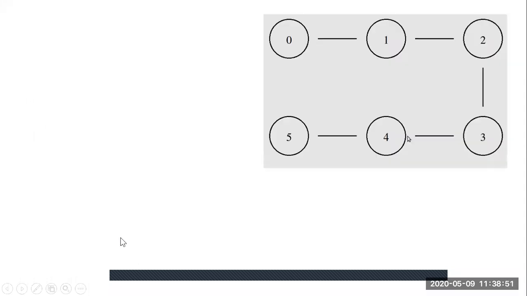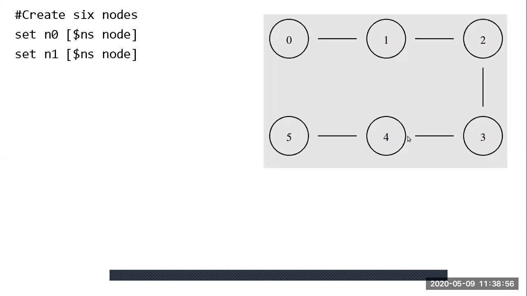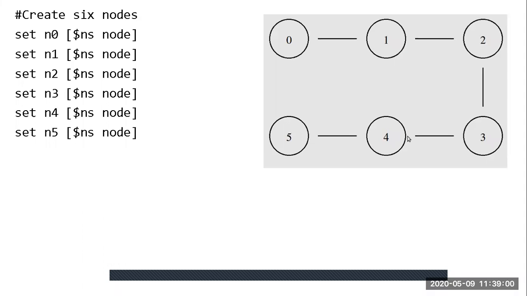Right. Further, we'll create 6 nodes: set N0, N1, N2, N3, N4, N5. So 6 nodes are created. Now, these are connected with links.